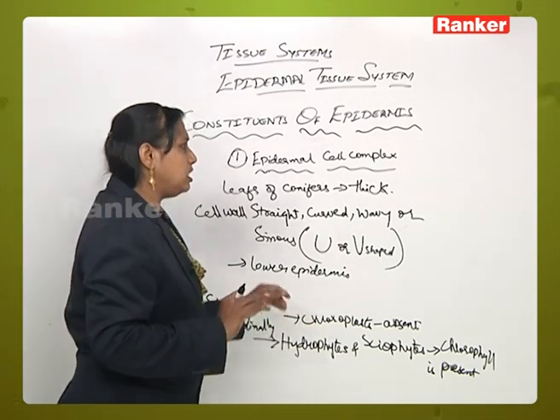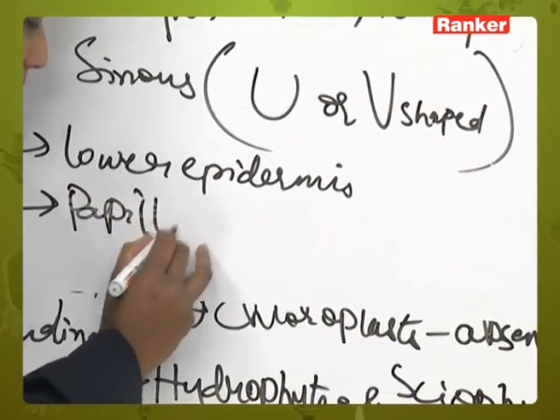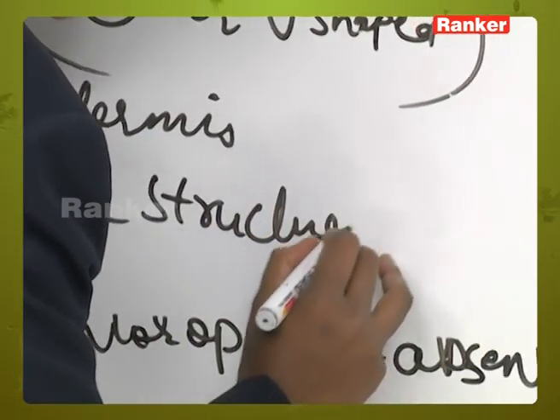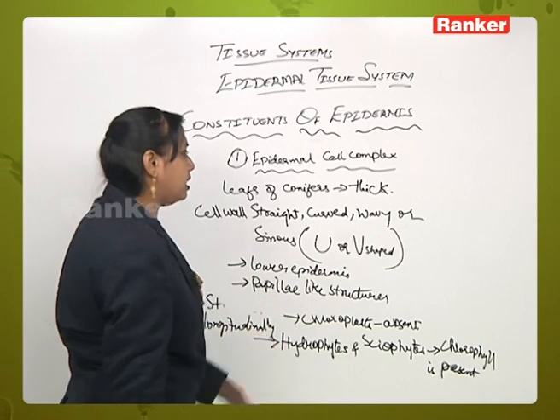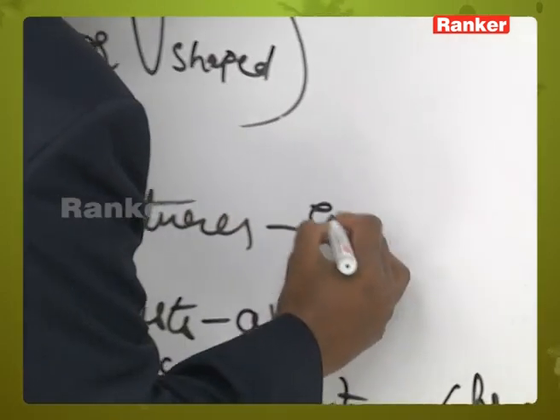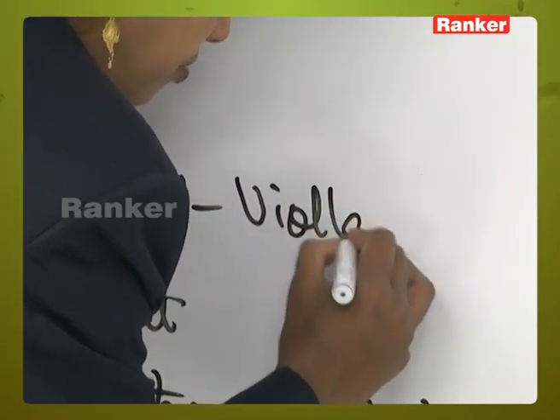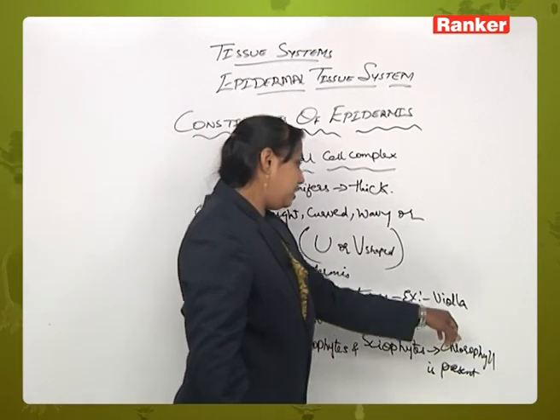In certain species, you will see papillae-like structures formed in the epidermal cells. Where do you see these papillae-like structures? You will see them in the plant called Viola. This might come in your entrance exam.